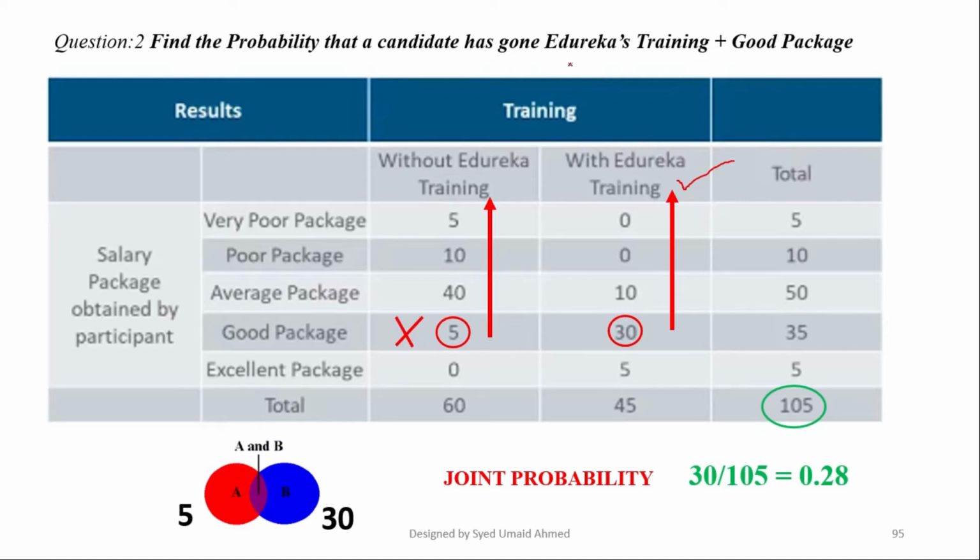The candidates having Eureka's training are 45, but the condition is that the candidate has gone to training and he should have a good package. So what column are we going to take? This one. Why this one? Because it is inside Eureka's training and has a good package. And what is the total? Total is 105. So it is joint probability.